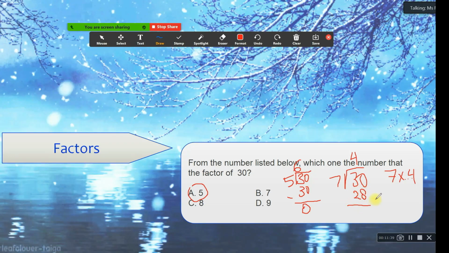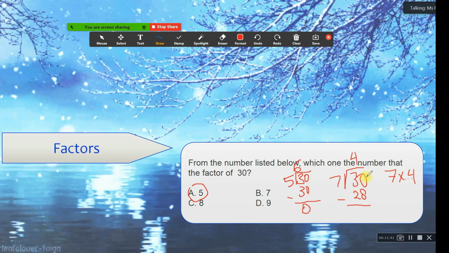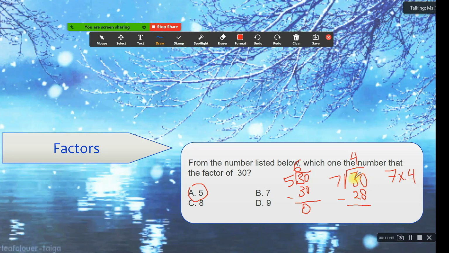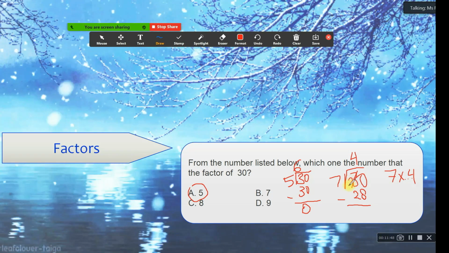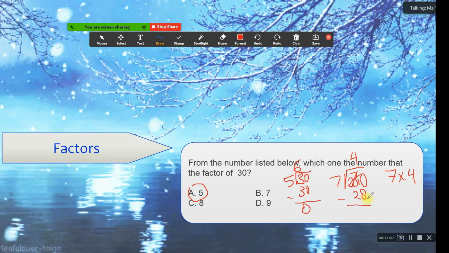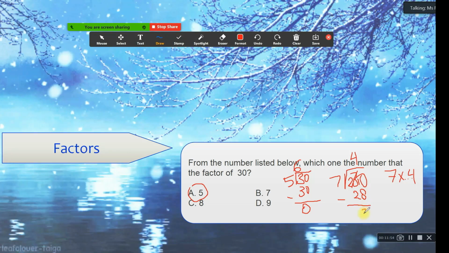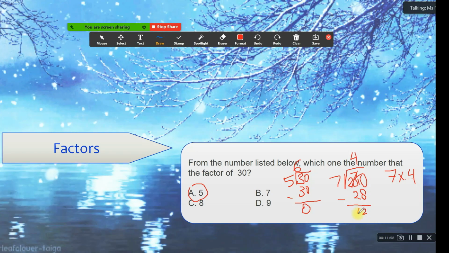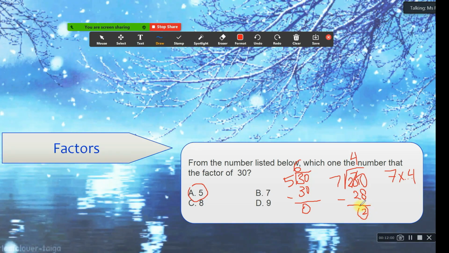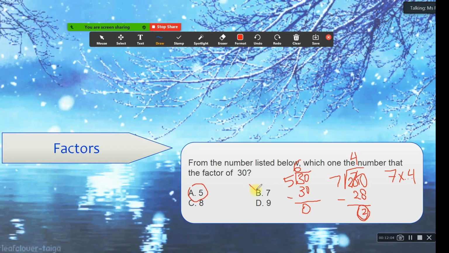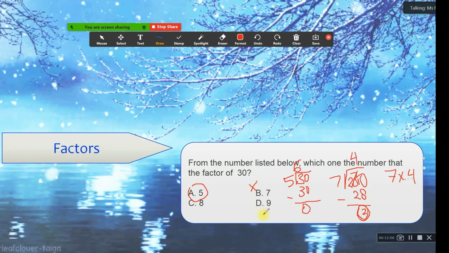We can minus. 0 minus 8 cannot, so we borrow from here. It becomes 2, and then 0 becomes 10. 10 minus 8 becomes 2. 2 minus 2 becomes 0. There is a remainder. So 7 is not a factor of 30.